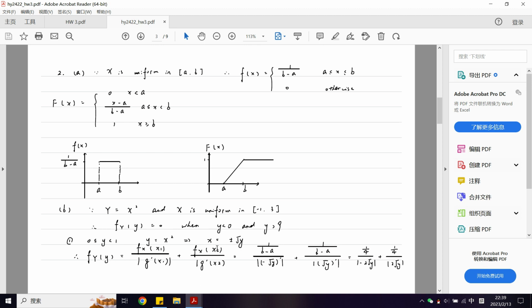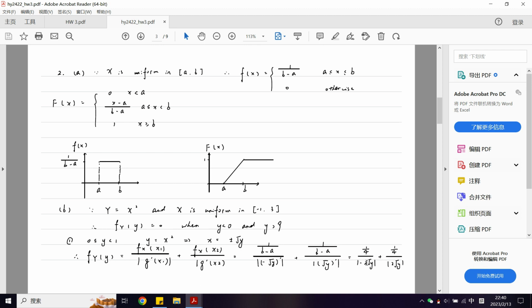Since we get small fx from question 1, which is the reciprocal of b minus a, small fx1 and small fx2 both are the reciprocal of b minus a. And since in this condition we have two roots, the first one is square root y, and the second one is negative square root y.